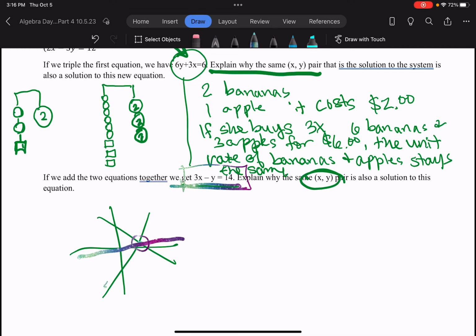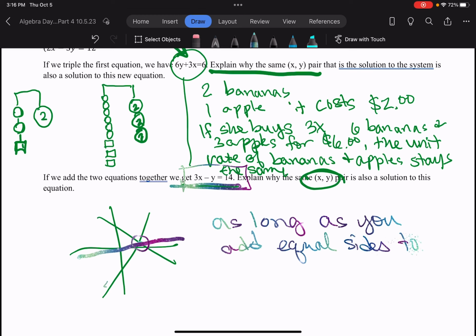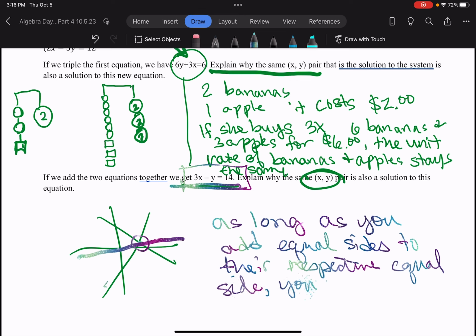And remember, you can also say this in words: as long as you add equal sides to their respective equal side, you will get the same solution. So again, you can explain it to me that way.